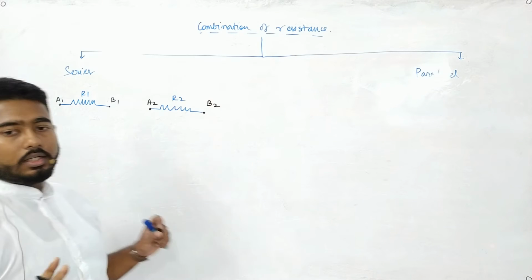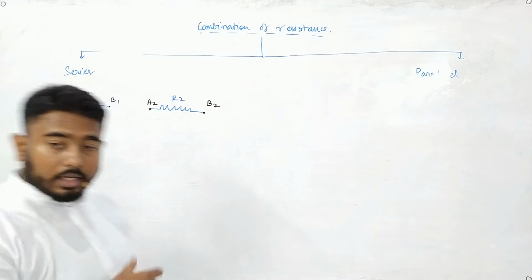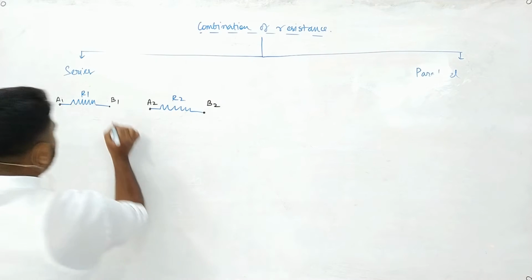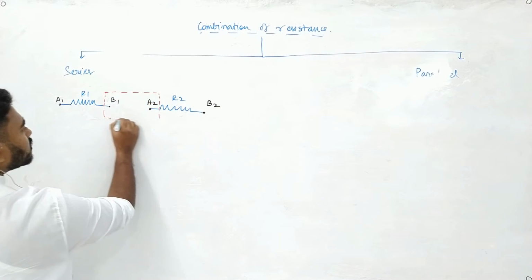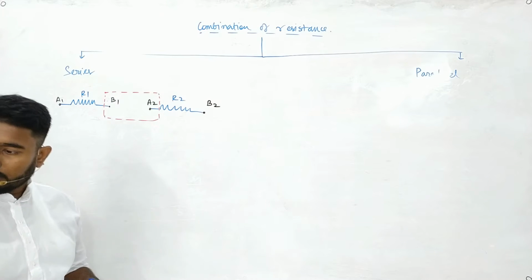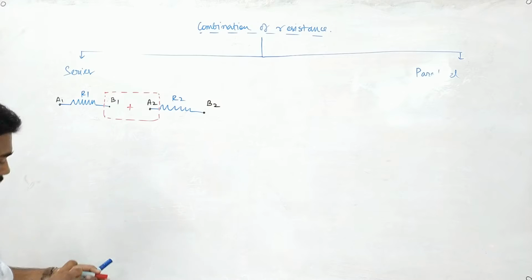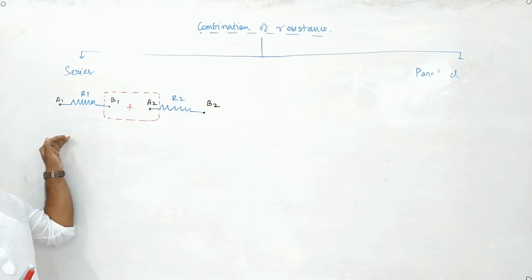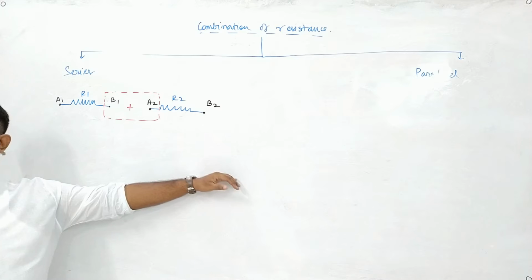Now if I connect it in such a way that the end of the first will join the start of the second, we are just joining them. If it happens in this way, then it is a series combination. That is, it is getting one after the other in the same line.